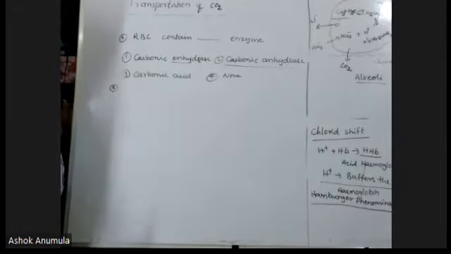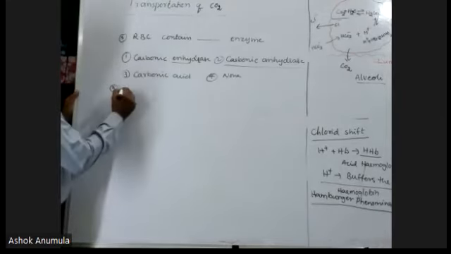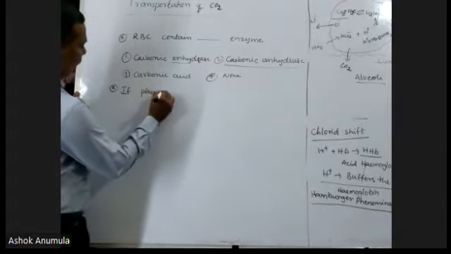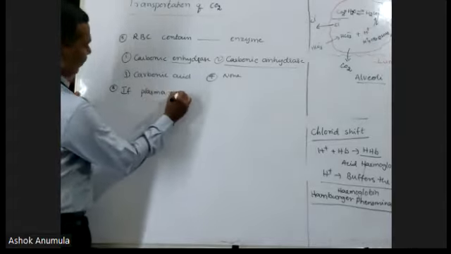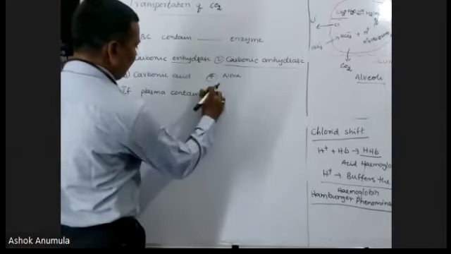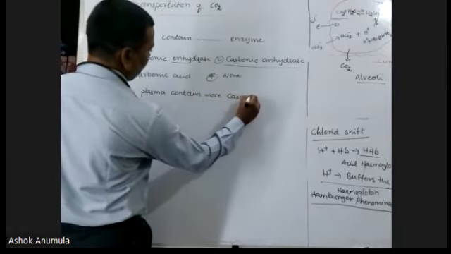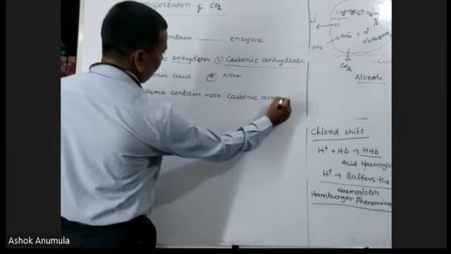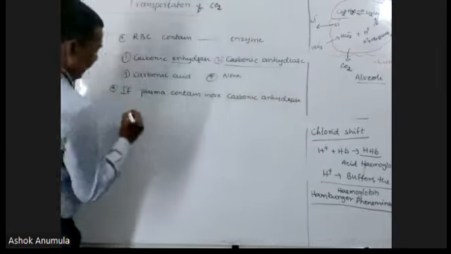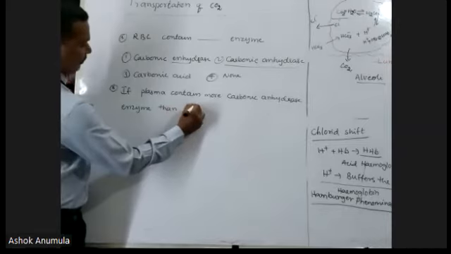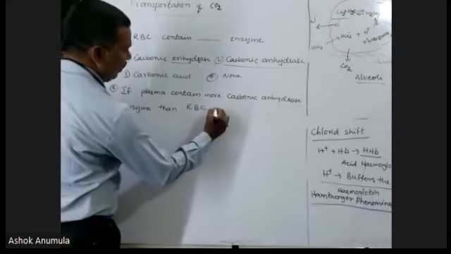Now we have to discuss a different question I am giving. If plasma contains more carbonic anhydrase enzyme than RBC, what happens?